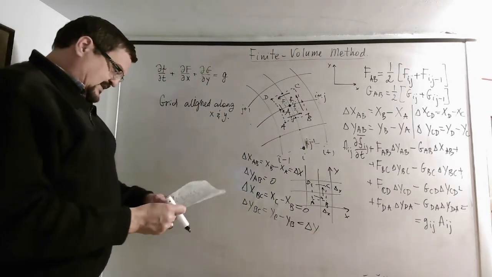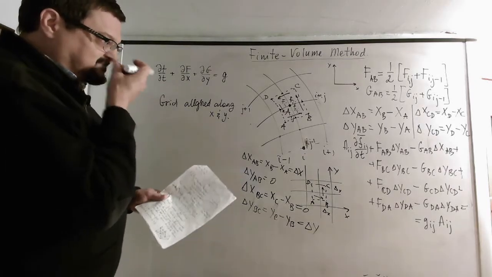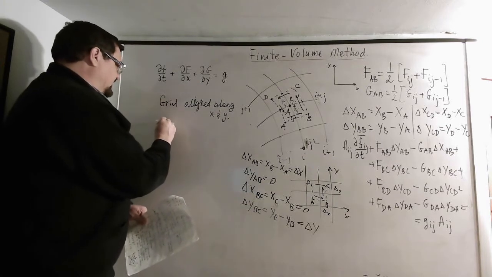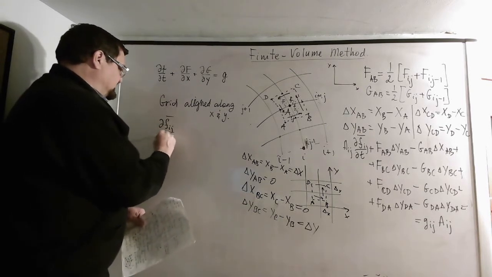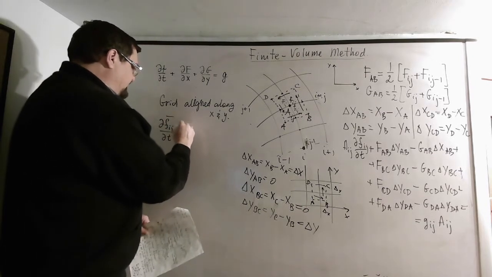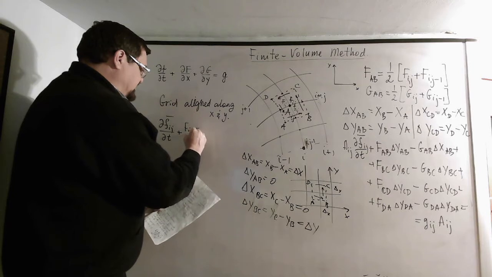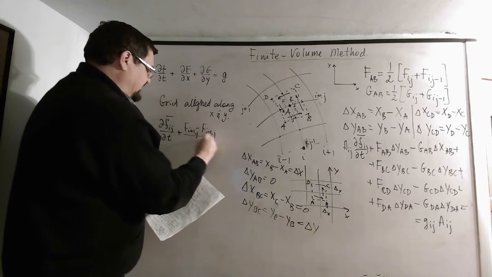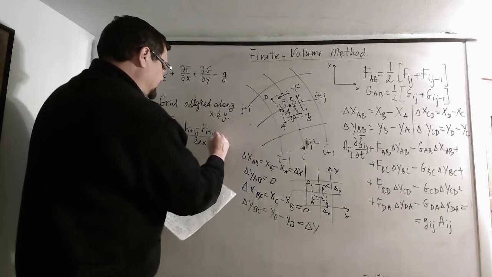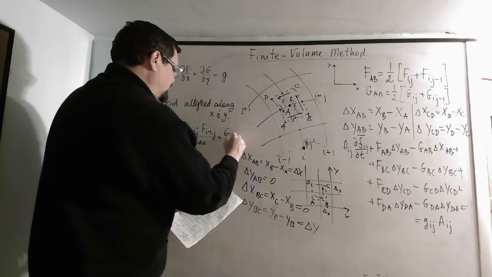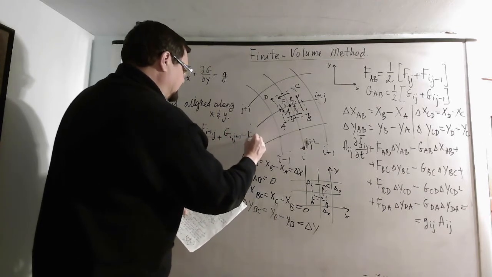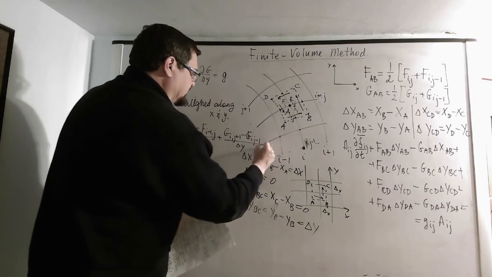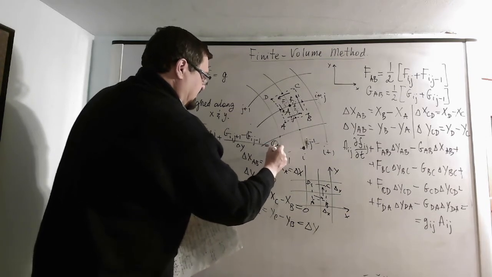And if you do some algebra, you will arrive at the following equation: Fij dt plus Fi plus 1 j minus Fi minus 1 j divided by 2 delta x plus Gij plus 1 minus Gij minus 1 divided by 2 delta y equals Gij.